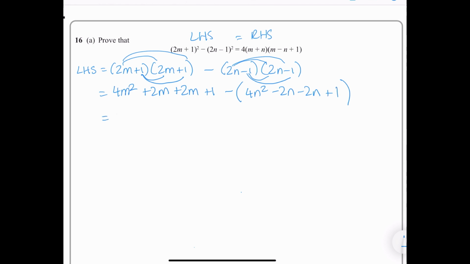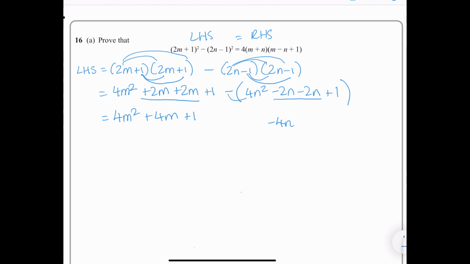Okay, let's do some tidying up. 4m squared. 2m plus 2m gives me 4m. That one stays as it is. In here I've got minus 4n. Now I need to deal with this sign outside over here. Everything in that bracket is going to be multiplied by that minus 1.